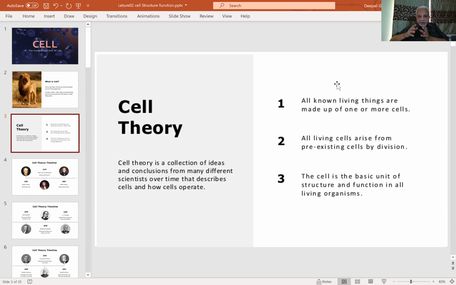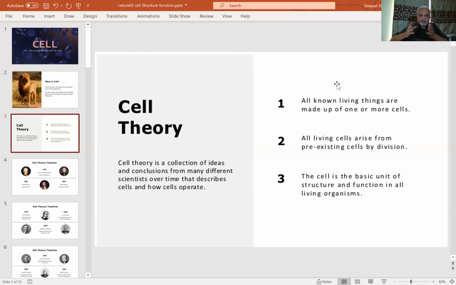And secondly, very important, all living cells arise from a pre-existing cell by division. So life can only be created by a living cell, not by any other means. And thirdly, the cell is the unit of structure and function in all living organisms.